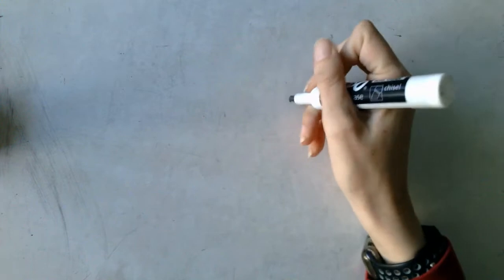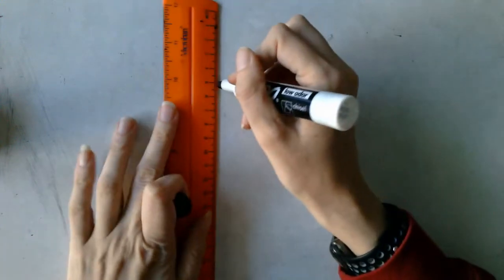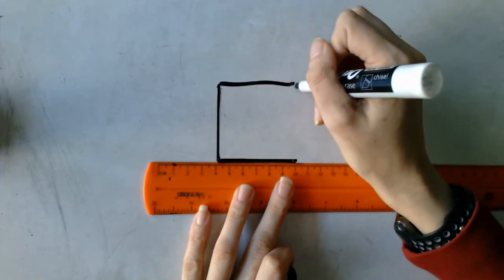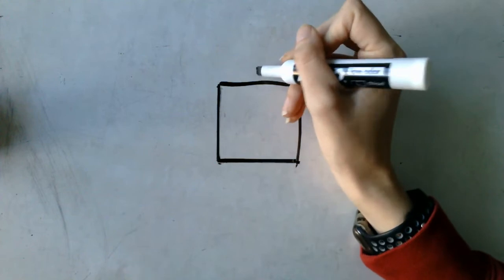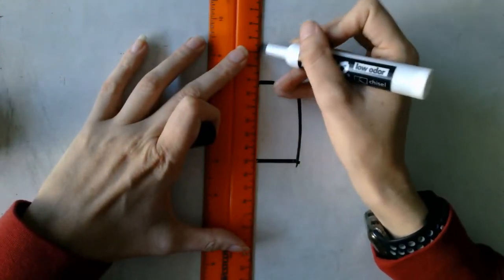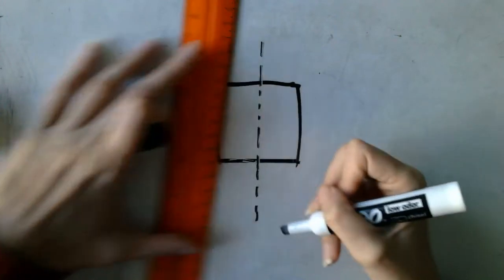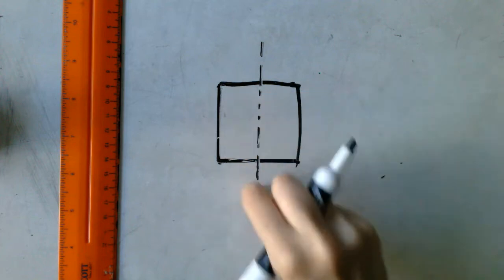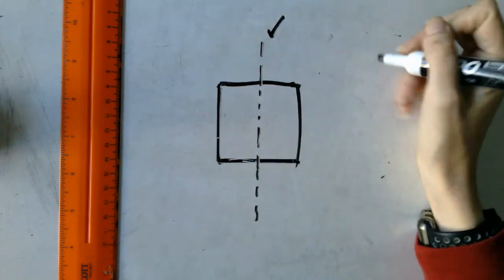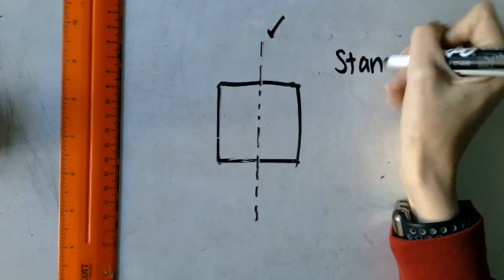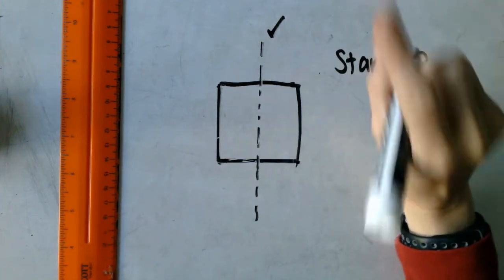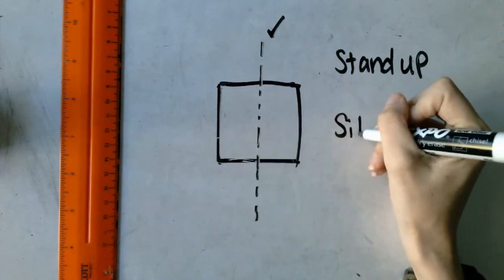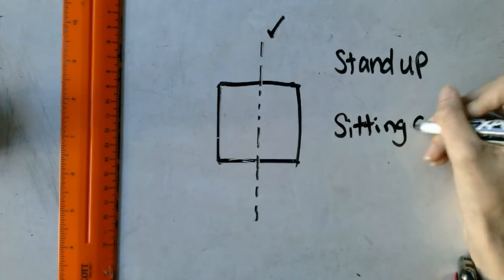For example, if I drew a square, trying to draw it as straight as I can, and I said one of its lines of symmetry was down the middle like that, if you agree that this is a line of symmetry, you are going to stand up. If you don't think the shape or the line is a line of symmetry, then you will stay sitting down.